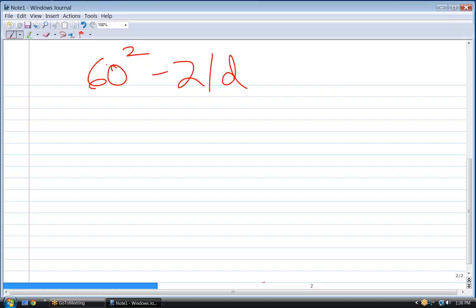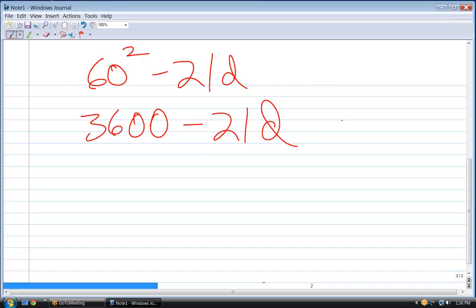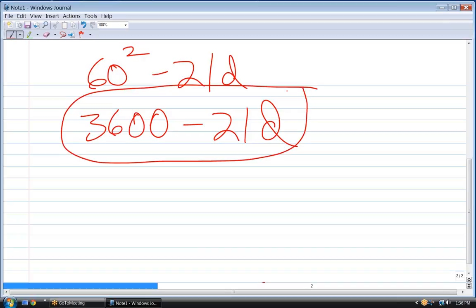One of the things we could do is go ahead and multiply this out. So what's 60 squared? 60 times 60. That's 3,600 minus 21d. Now, looking at this expression, what's the greatest common factor? It's not that easy to figure out, but you can do it.